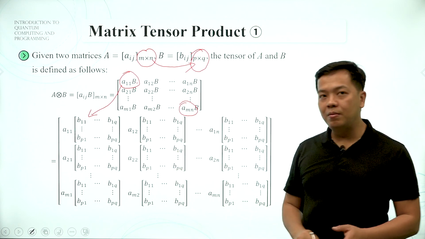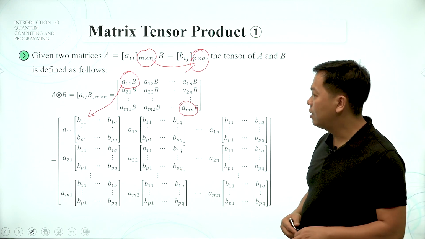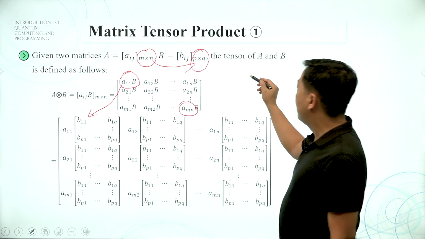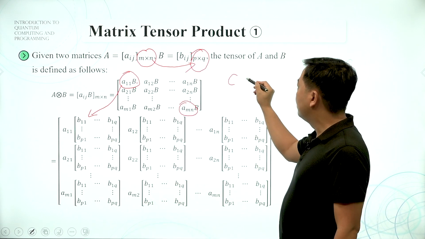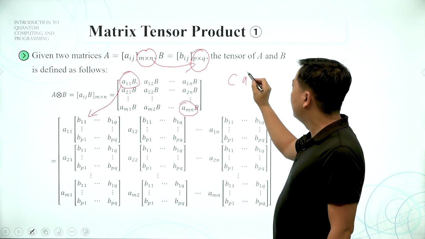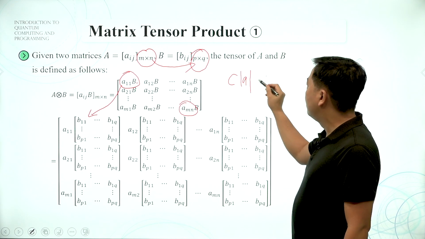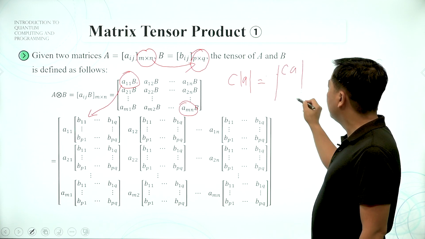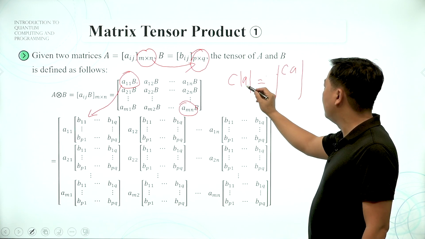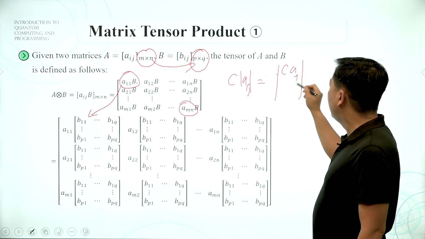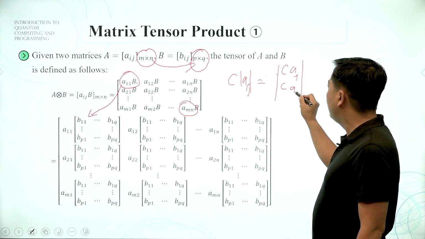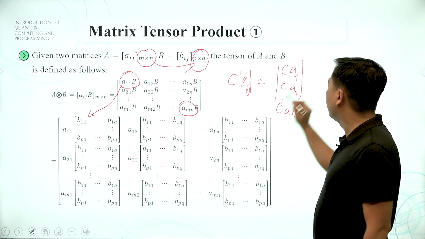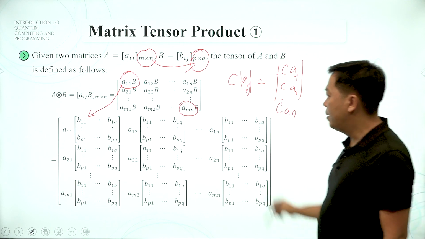Remember the last part: if we have one constant C and a vector A, we get C A1, C A2, and so on.